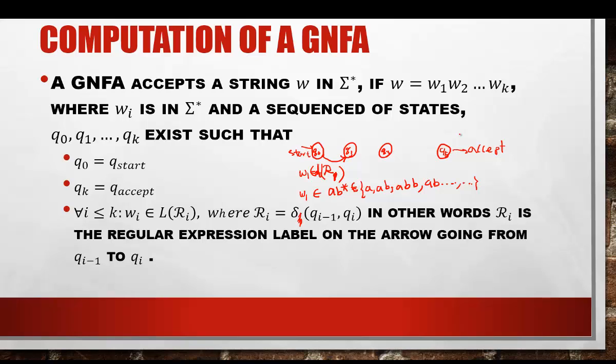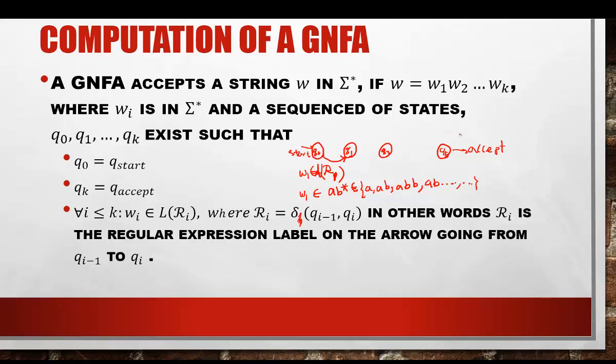So again, this is practically very similar to the computation of regular NFAs. If you have an input string and you can split it into smaller substrings, and if these three conditions are met, then your GNFA accepts the input string.